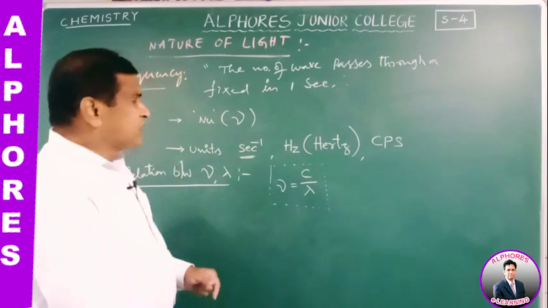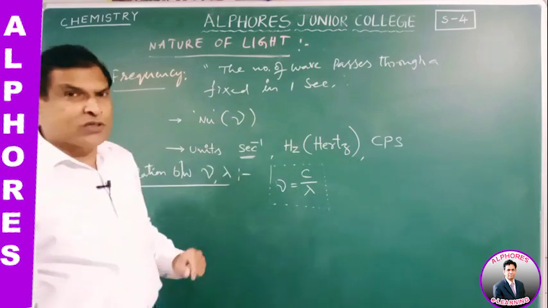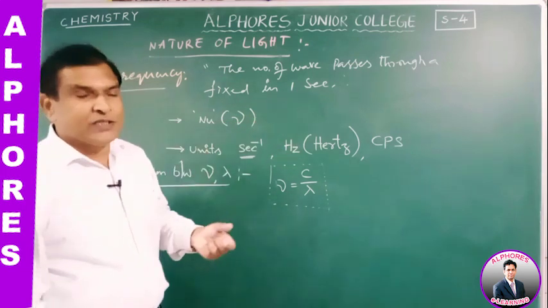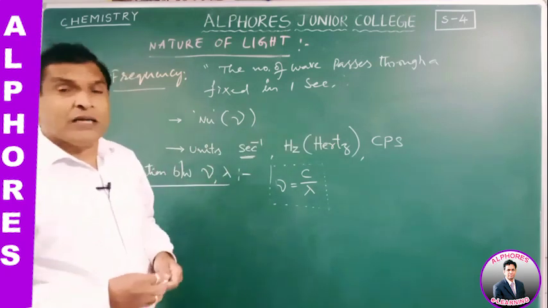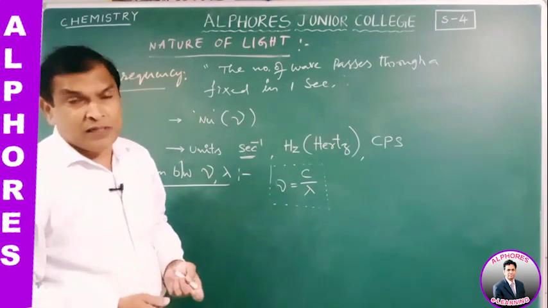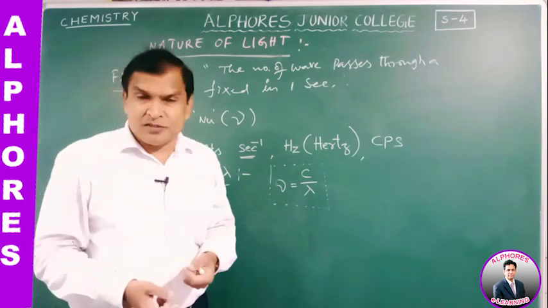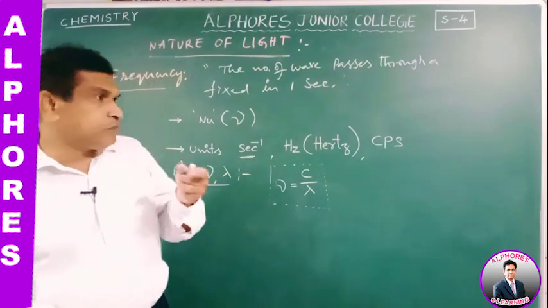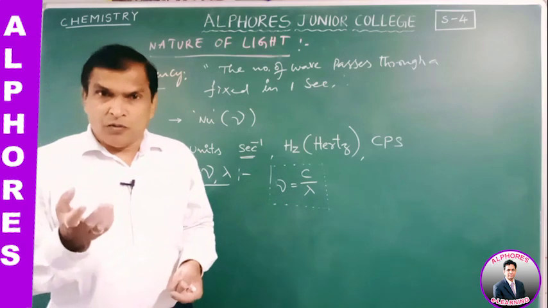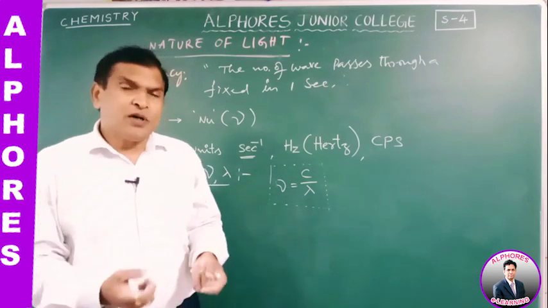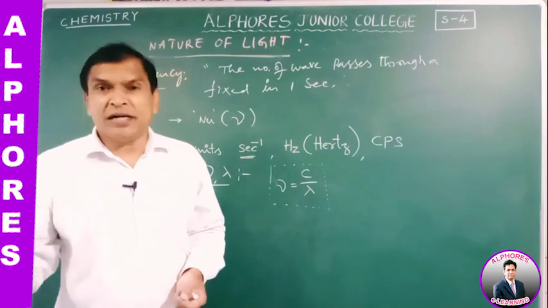See, in the electromagnetic spectrum we know that we have the various electromagnetic radiations. They are arranged in the increasing order of wavelength or decreasing order of frequency. Like from the beginning we have cosmic rays, gamma rays, X-rays, UV rays, visible light, then infrared rays, then microwaves, and last one is radio waves.